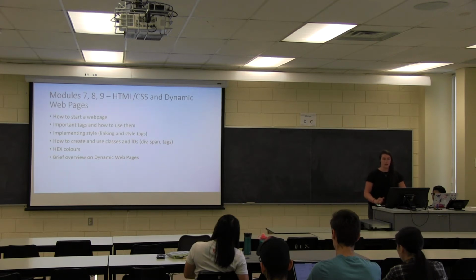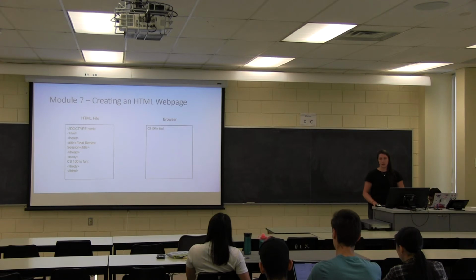I'll go over the hex color code system, which was actually discussed in module 1, but we're talking about it here because it is a great style tool for your web pages, and I'll also do a brief overview on dynamic web pages and how they work.